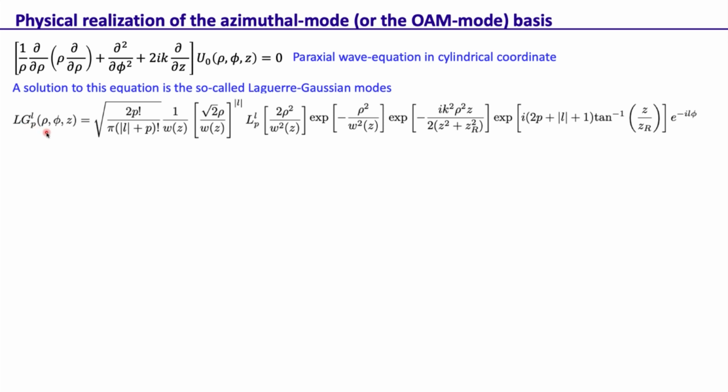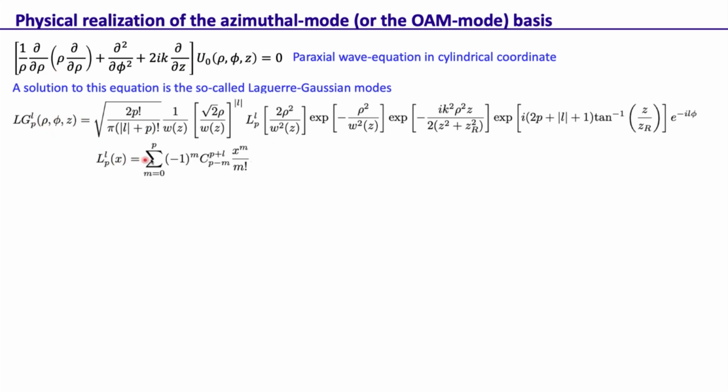Lg stands for Laguerre-Gaussian, and this is a function of rho, phi and z, and it has this functional form, and this Lg actually satisfies this paraxial wave equation. Now we see that this Lg is characterized by these two indices L and P. So L goes from minus infinity to infinity, and P goes from 0 to infinity. So these are two-dimensional modes, and each of these modes satisfies this paraxial wave equation.